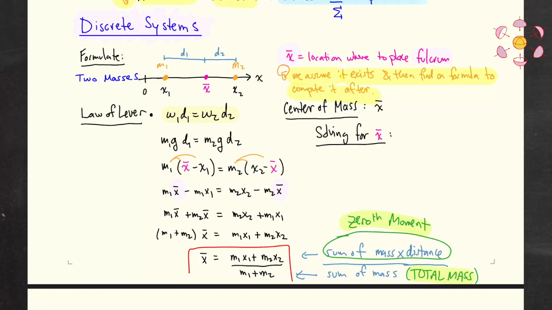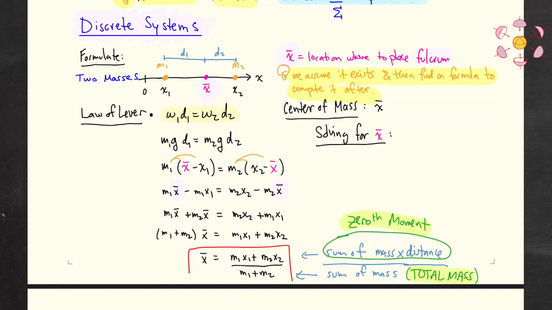Again, this is an issue about coordinate systems that's important to think about. Well, geometrically, you know that the center of mass, which I guess I started using the more precise notation here, where we'll say that x bar is the location where we're going to place the fulcrum. It's going to be somewhere in the middle, so how do we actually find that?